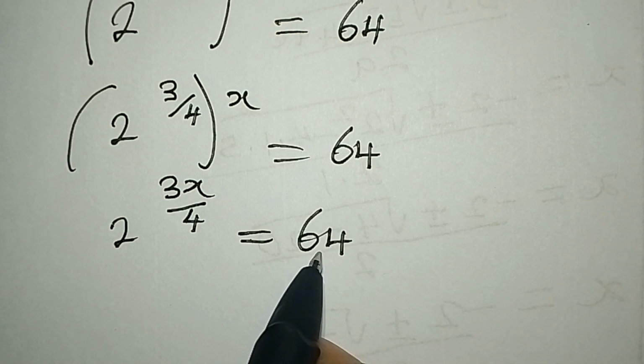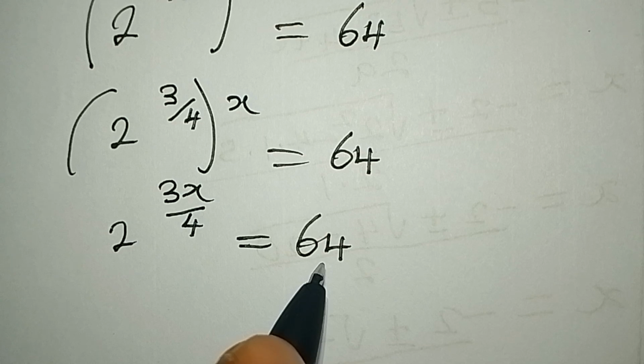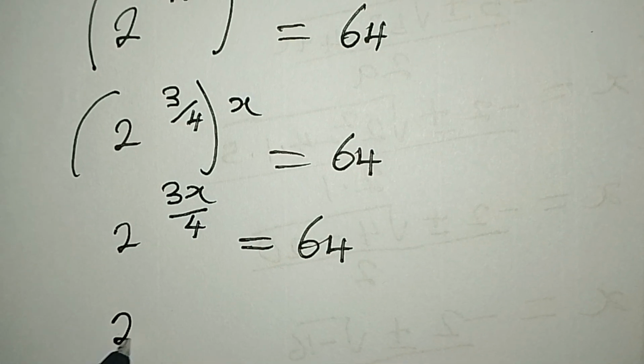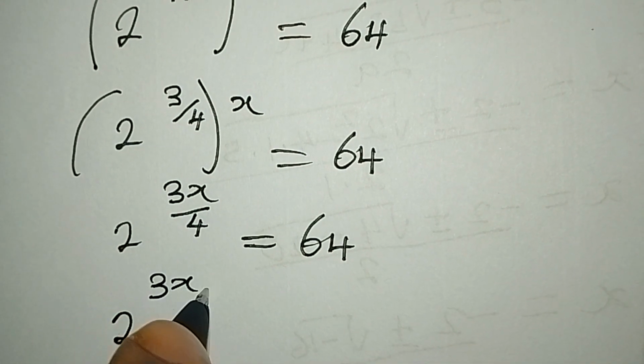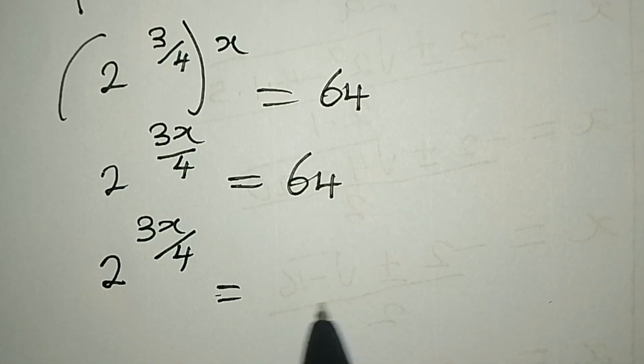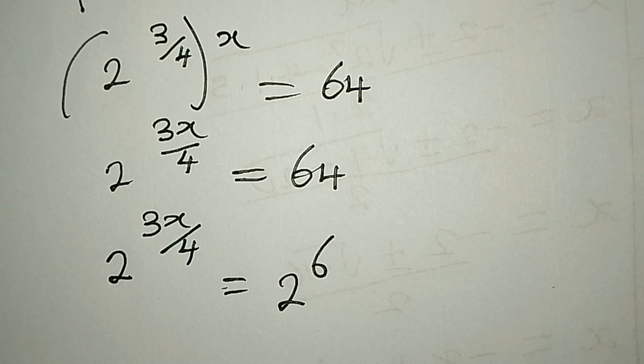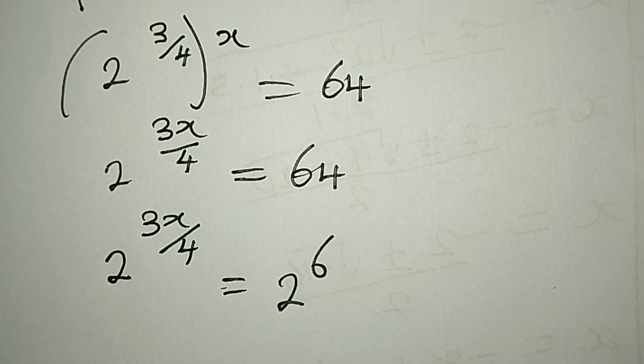Now look at 64 here. It is 2 to the power of 6. So this means that I can say 2 to the power of 3x over 4 is equal to 2 to the power of 6, because 2 to the power of 6 will give us 64.